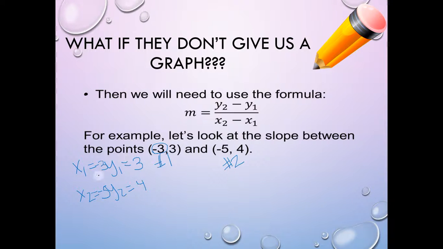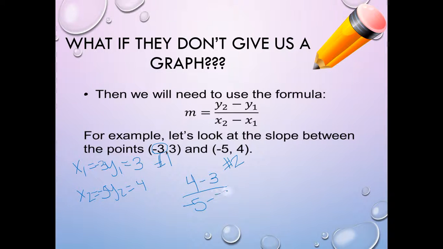So now I have all the values. I need to just put it in the formula. So y2 was 4, and y1 was 3, so I'm going to do 4 minus 3, all over x2, which is negative 5, subtract x1, which is negative 3.